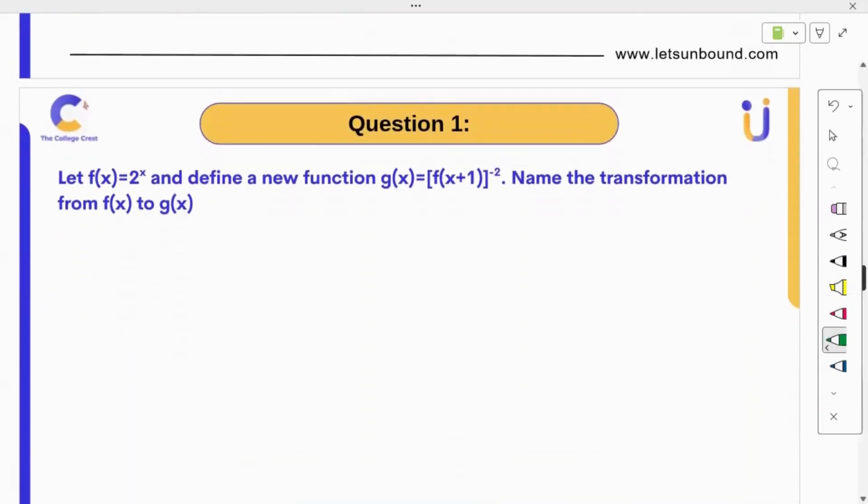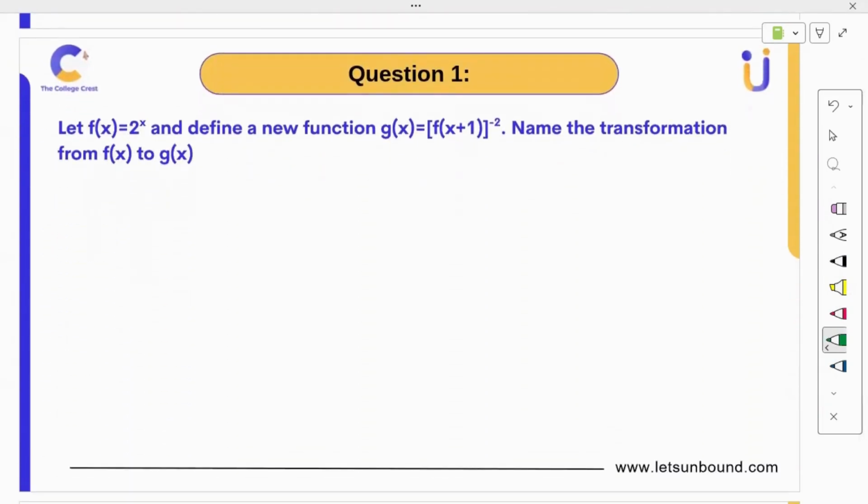Now, first question: let f of x equal 2 power x, and then define a new function, f of x plus 1 the whole power minus 2. Then name the transformation. Okay, let's start with the first one. F of x plus 1 means what? Which is 2 power x plus 1.